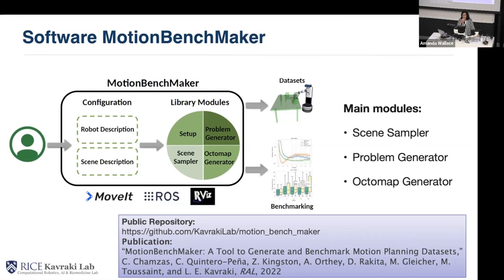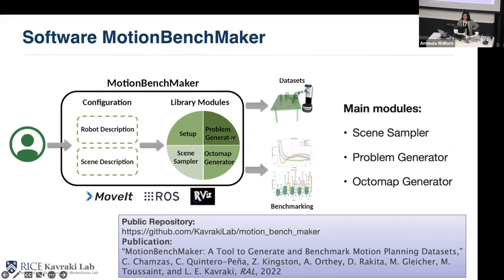And this is, I think, why the organizers of this workshop asked me to talk about MotionBenchMaker, which is a tool to generate and benchmark motion planning datasets. This benchmarker takes in as input a robot description and a scene description. And what it does is that it samples the scene and creates a set of scenes that are around the original scene. It is a systematized, procedural way of generating benchmarks.